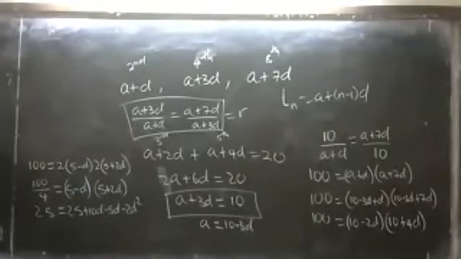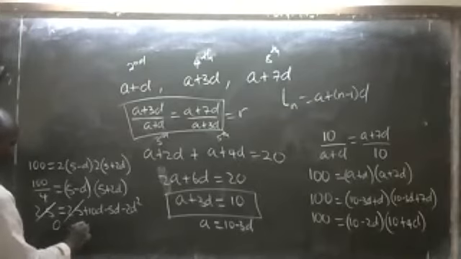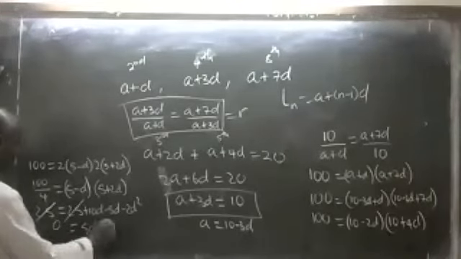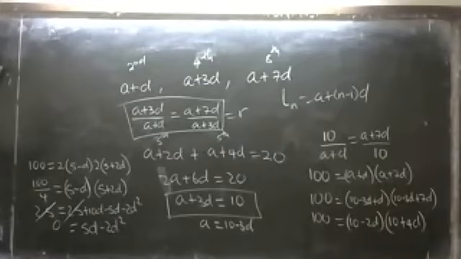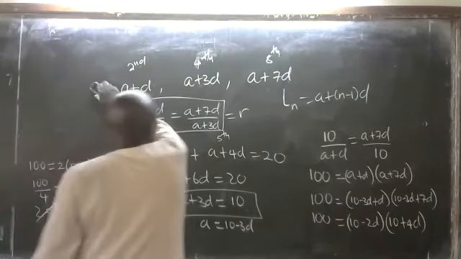So 0 is equal to 5D minus 2D squared. Therefore, D cannot be 0. Therefore, D is 5 over 2. So just work out and find the value of D. So our D is 5 over 2.